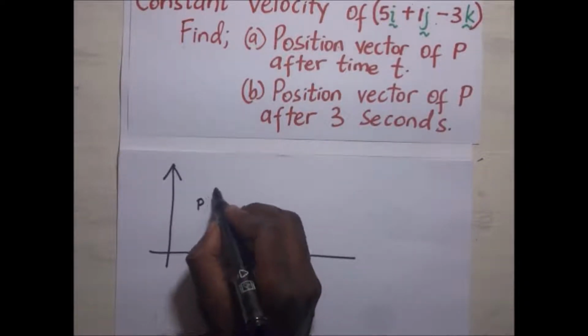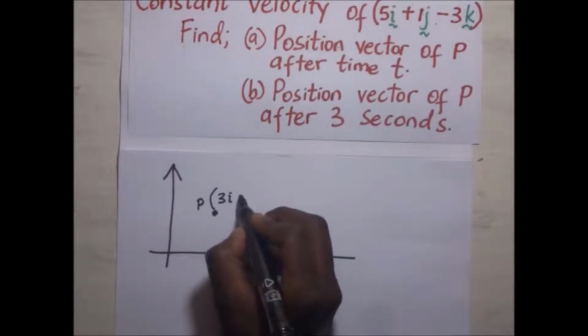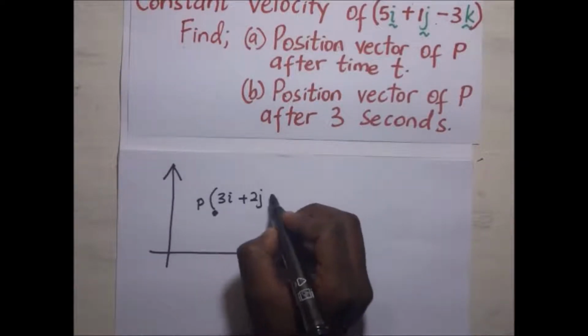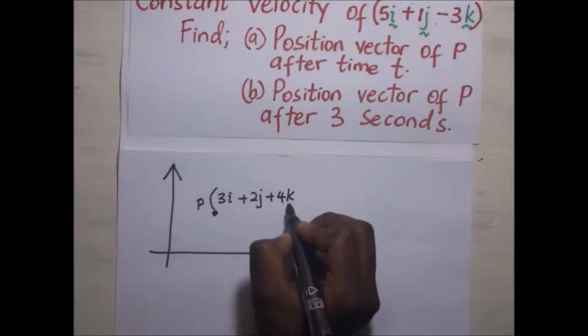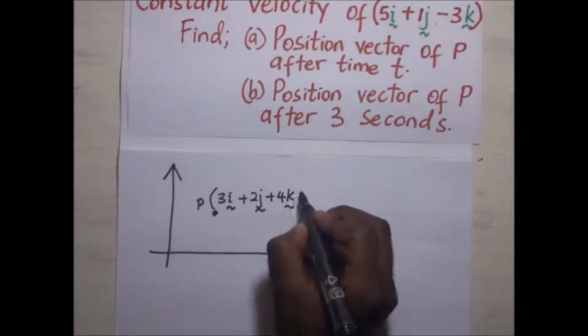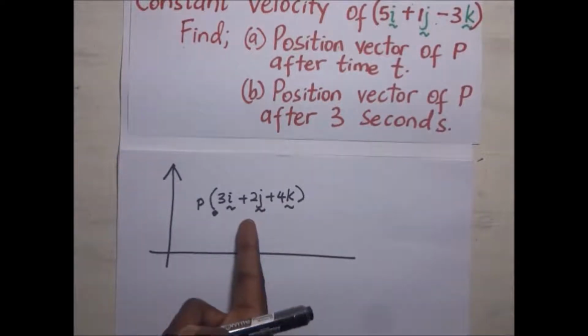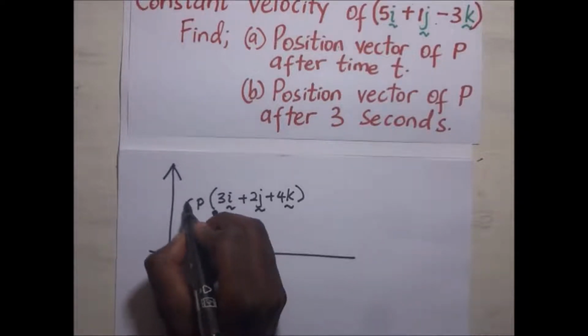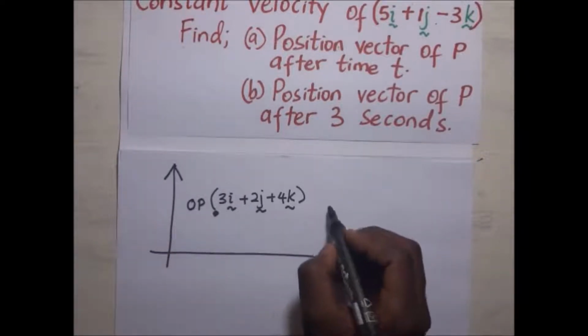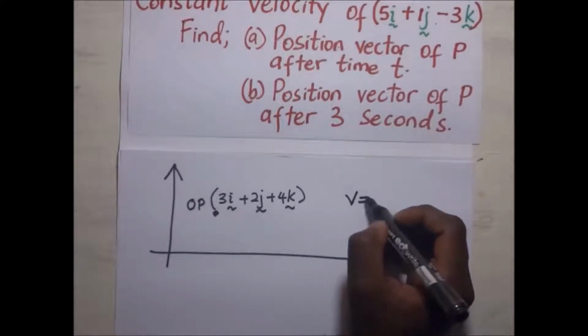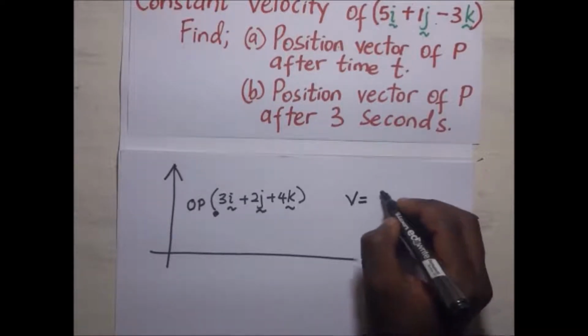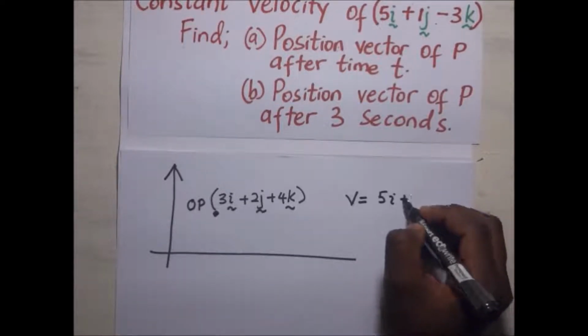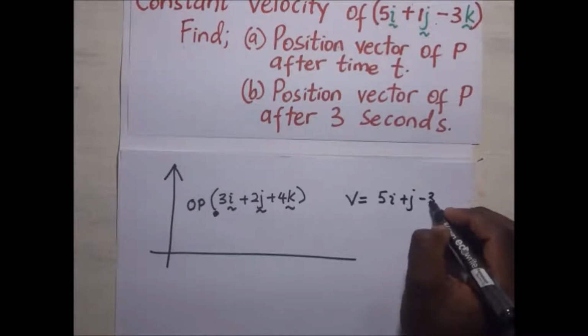It had an initial position vector of 3i plus 2j plus 4k, and then it moves with a velocity of 5i plus j minus 3k.